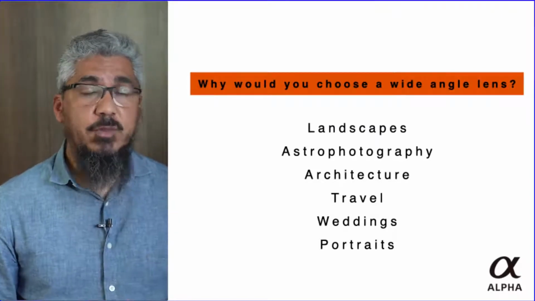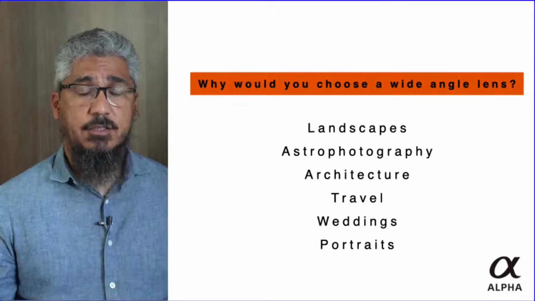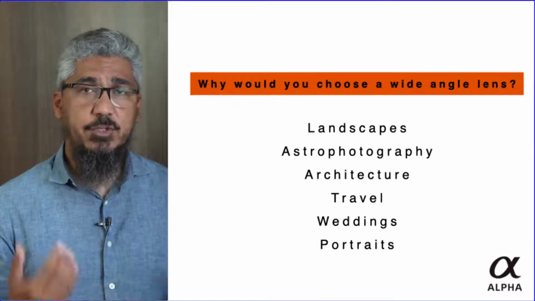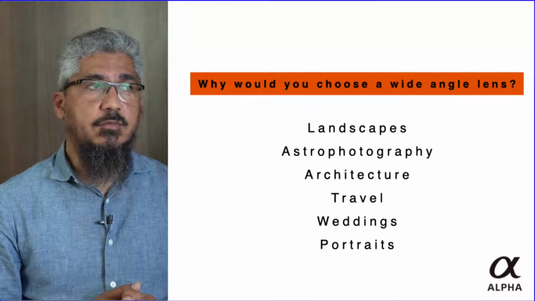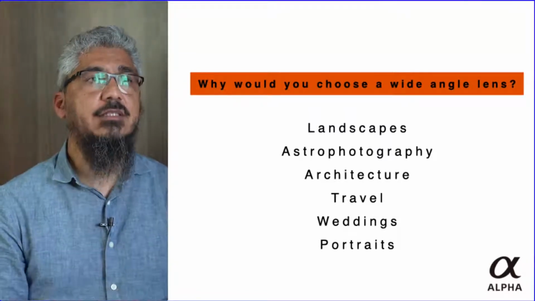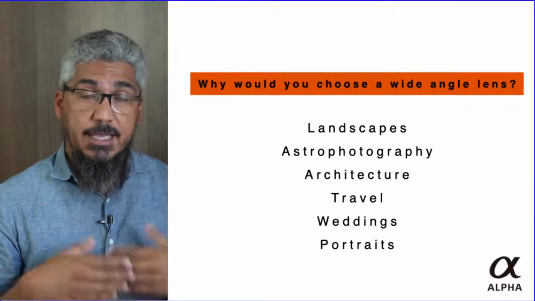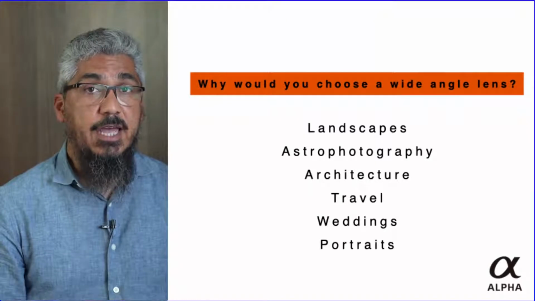The same would apply for astrophotography. Astrophotography as well is normally wide angle lenses, good image quality, not so much chromatic aberration, all these things that come into it. But normally astrophotographers prefer wide angle lenses. The same goes for architecture as well.